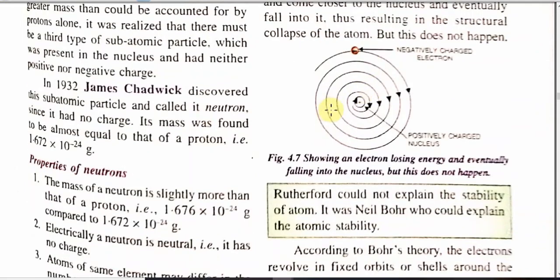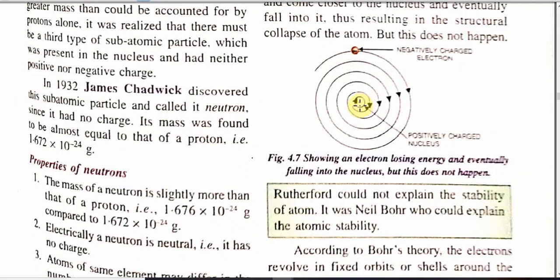Let us see the figure. Here proton is present and this is electron, and after revolving, electron will revolve and its orbit radius will be going to smaller, and one time this electron will come in contact with this proton.